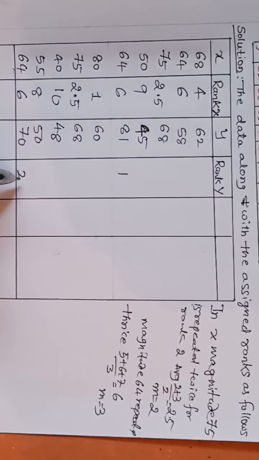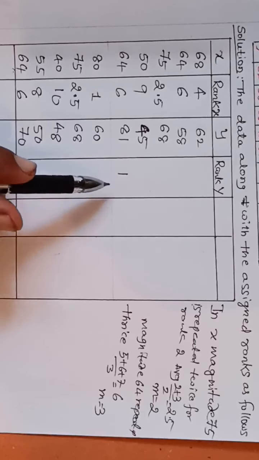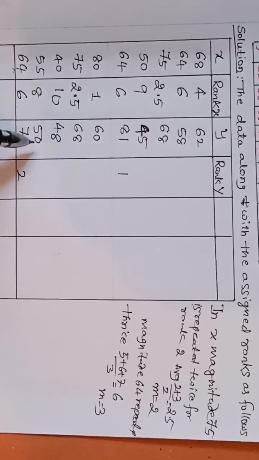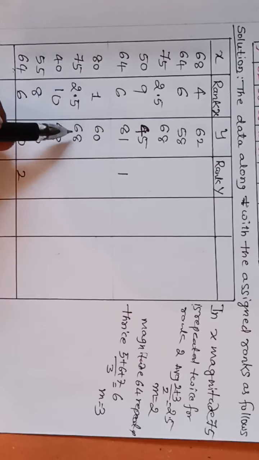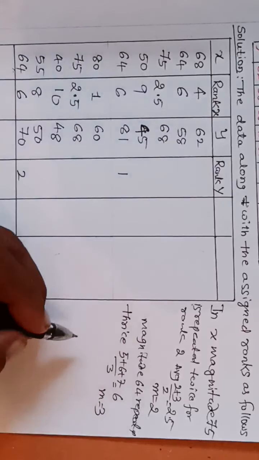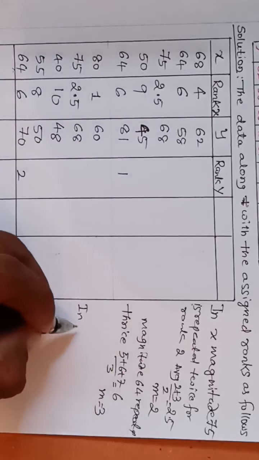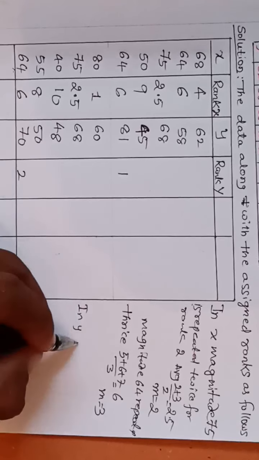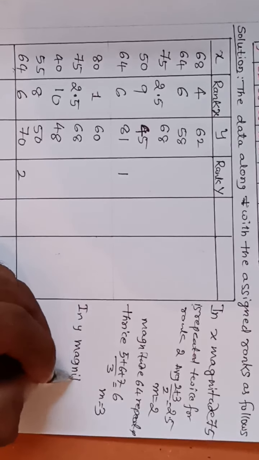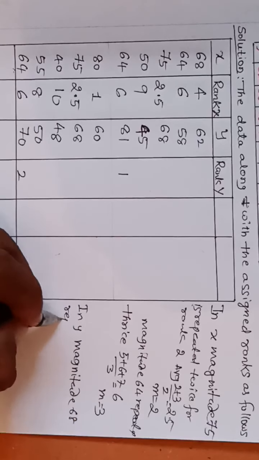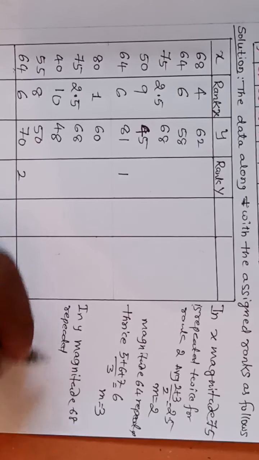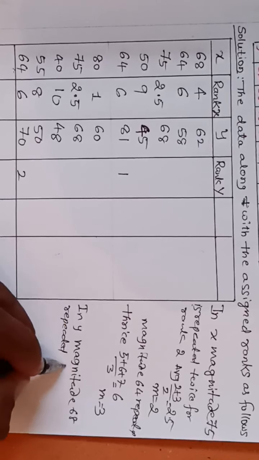Next, the third one is 68, and 68 again. In the Y magnitude, 68 is repeated twice.